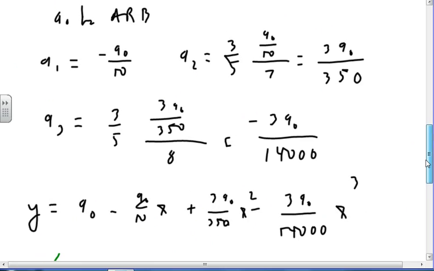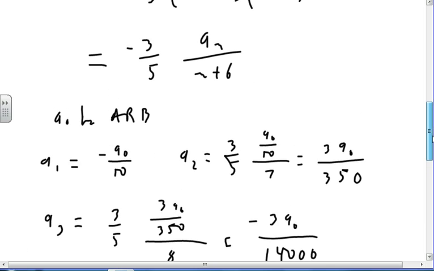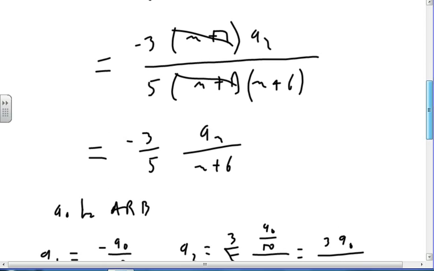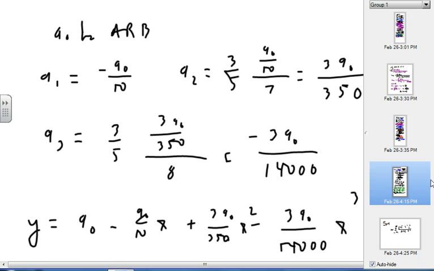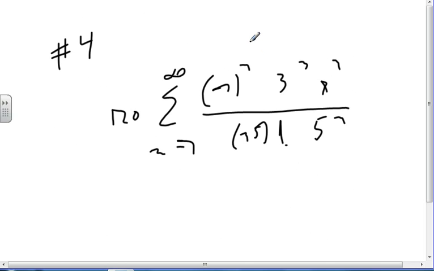The A3 term. Okay, so we're looking for the A3 term, which would be n is equal to 2, I think. No, it'd be 3.